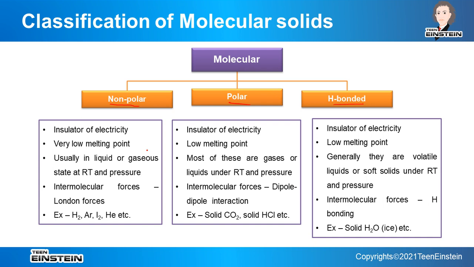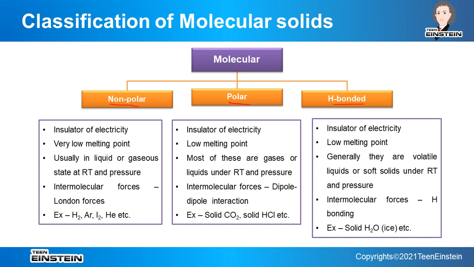Obviously it is solid state, but under normal condition whether they are staying in liquid state or gaseous state, that we have to see. We can convert any liquid or gas if we decrease the temperature, but under normal condition what is their natural state, that we will compare, and what type of intermolecular forces are present.